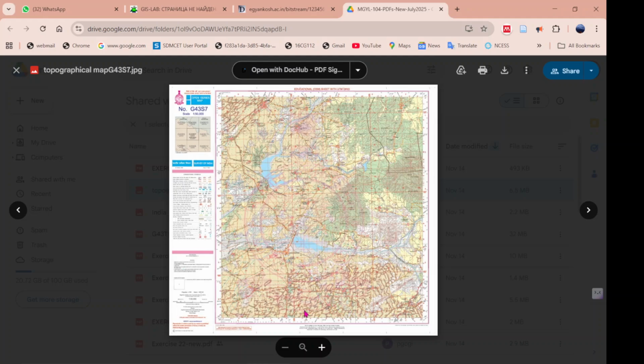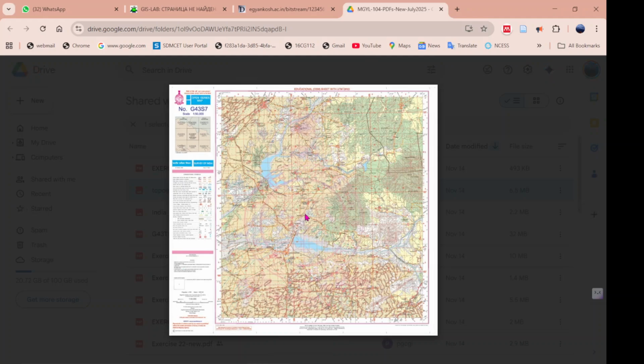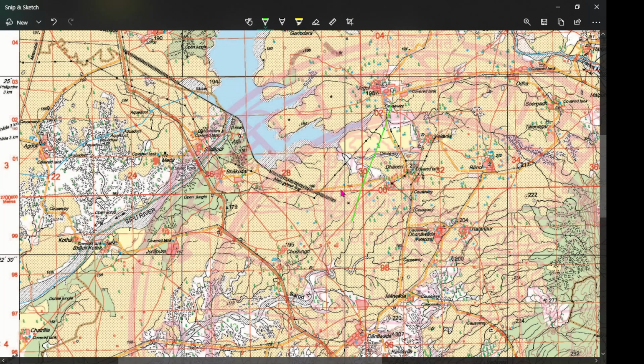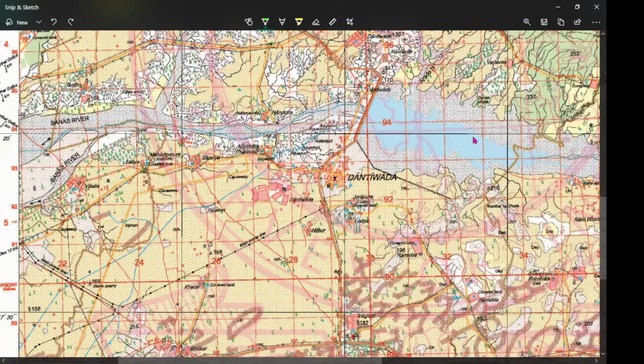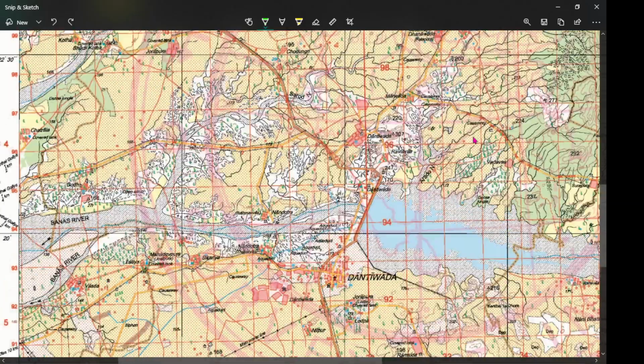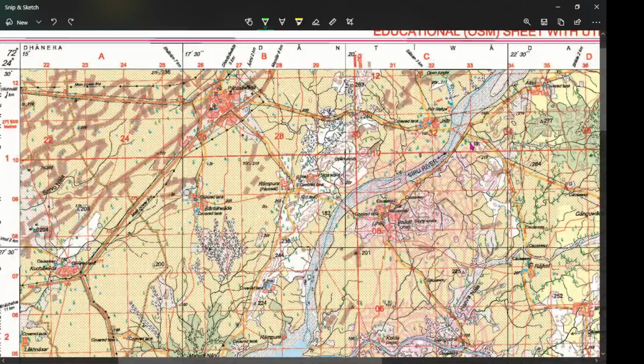Yes, so this is that topographic map. I think we will be in a better position to interpret this one. I'm trying to figure out where exactly that particular portion is coming from. Maybe it's this particular region, somewhere in the corner.